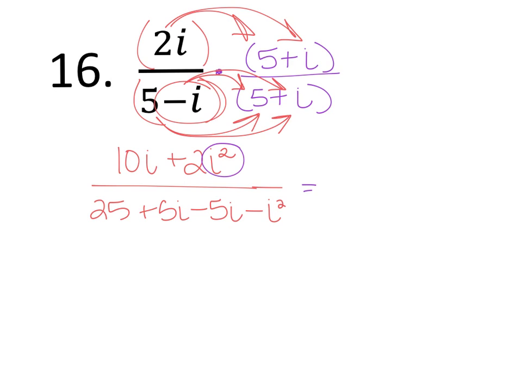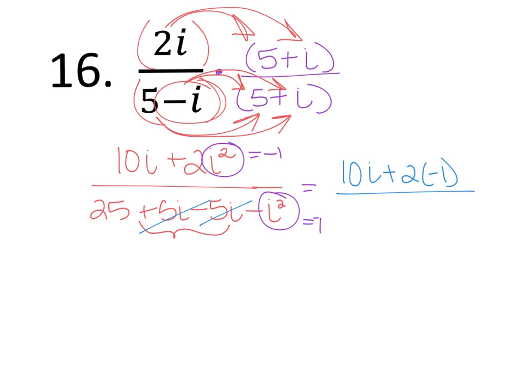When I go to simplify, I'm just going to replace all my i squareds with a negative 1. I look at positive 5i and negative 5i, and they cancel out, equaling 0. So then I'm going to have 10i on the top, plus 2 times negative 1, and on the bottom, I'm going to have 25 minus a negative 1.